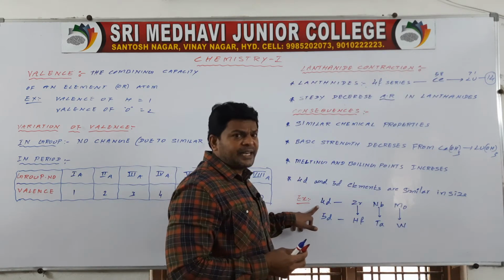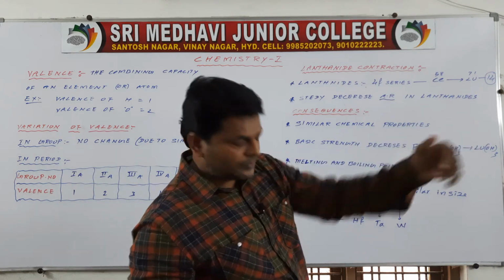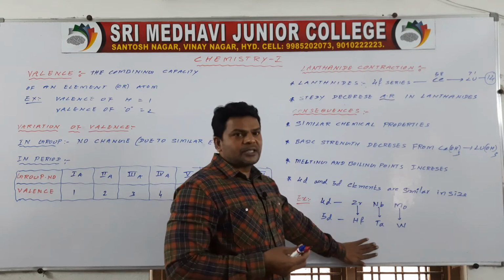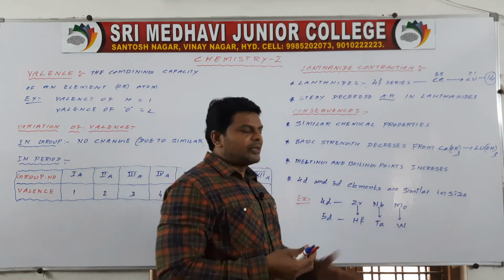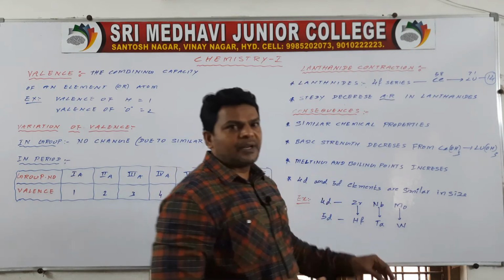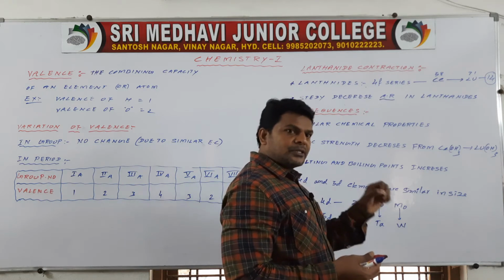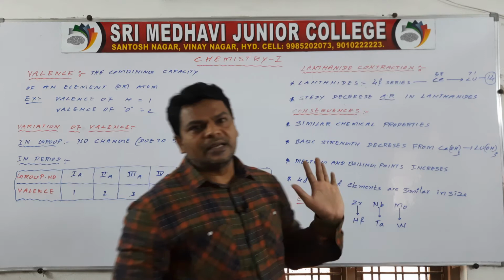The 4d series belongs to the 5th period, and the 5d series belongs to the 6th period. So zirconium and hafnium are almost similar in size, niobium and tantalum are almost similar in size, and molybdenum and tungsten are almost similar in size.